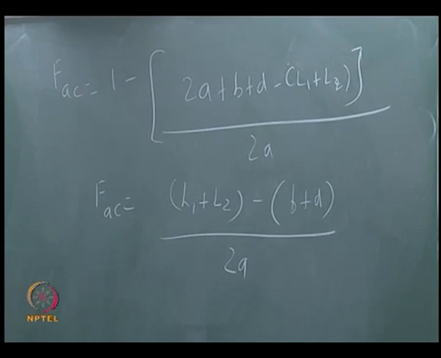Okay. So for a general quadrilateral enclosure, this is the formula. This is called the Hottel's crossed string method.